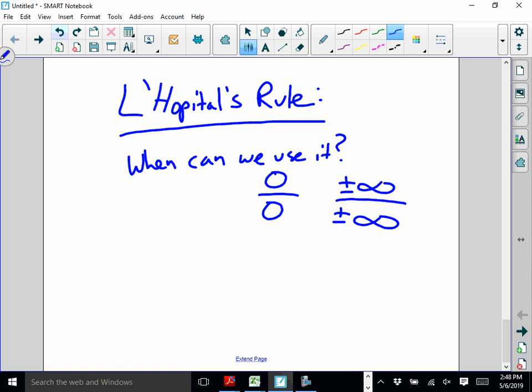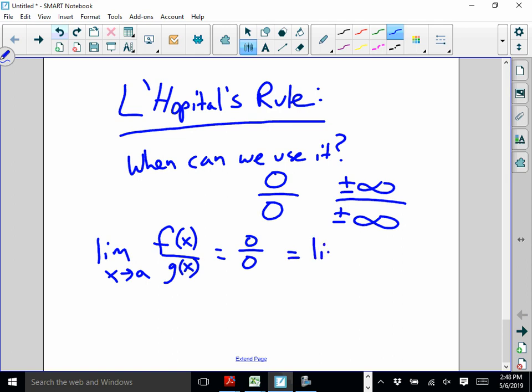What L'Hopital's rule says is that if we're doing a limit of f of x over g of x, if we plug in and we get 0 over 0, then this limit will also equal the limit as x goes to a of f prime over g prime.